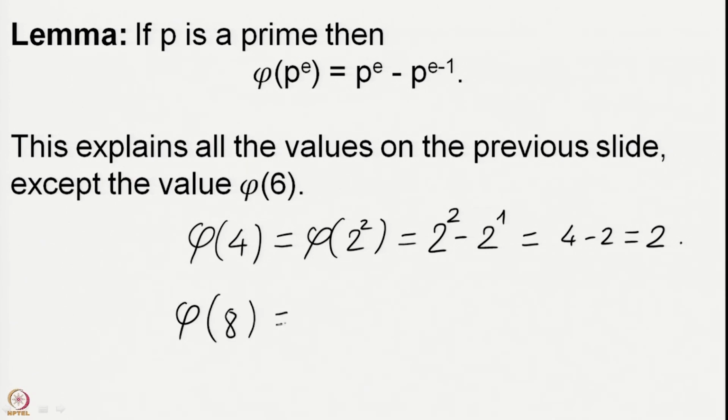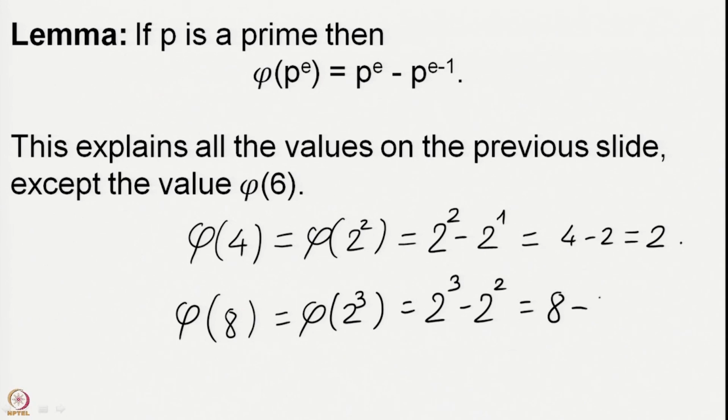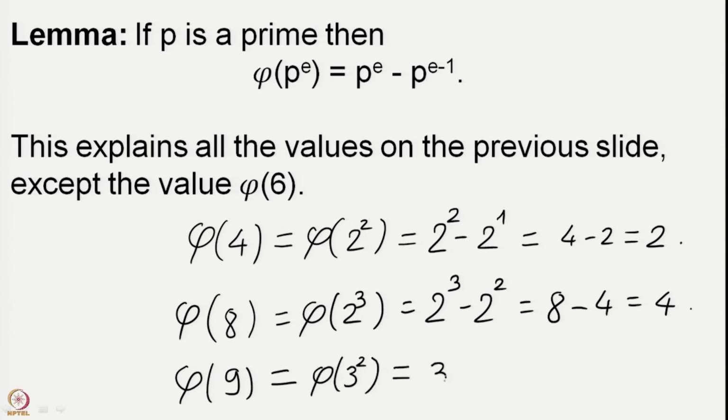Similarly, phi of 8, which is phi of 2 cubed, is 2 cubed minus 2 squared, which gives me 4. This should tell you that if you wanted to compute the next phi value, which we did not, this would be phi of 3 squared, which would be 3 squared minus 3, and therefore this will be equal to 6.